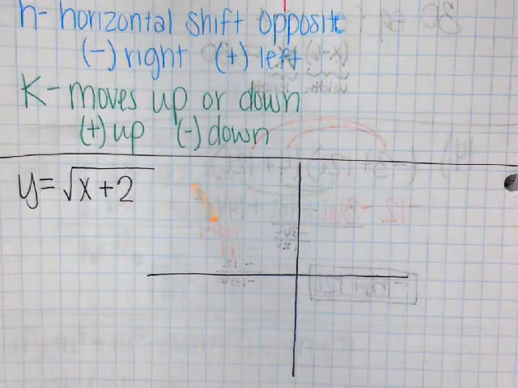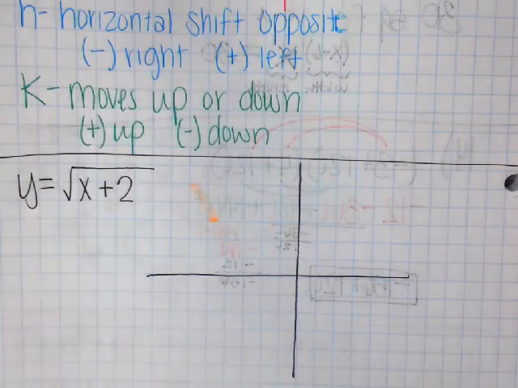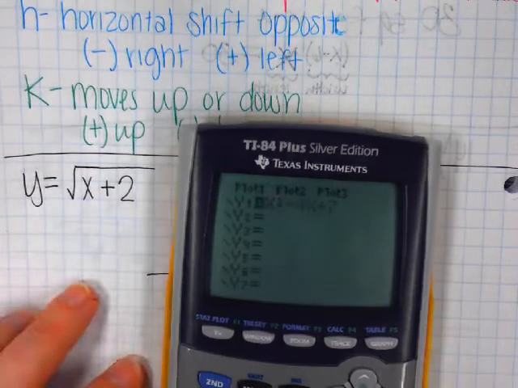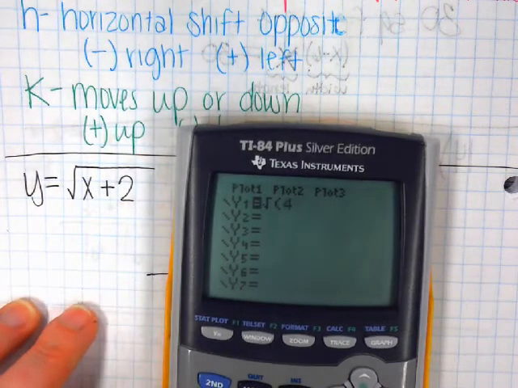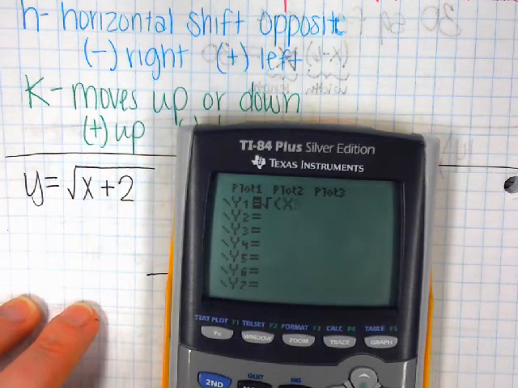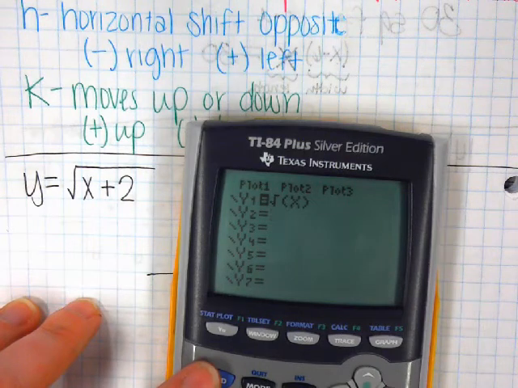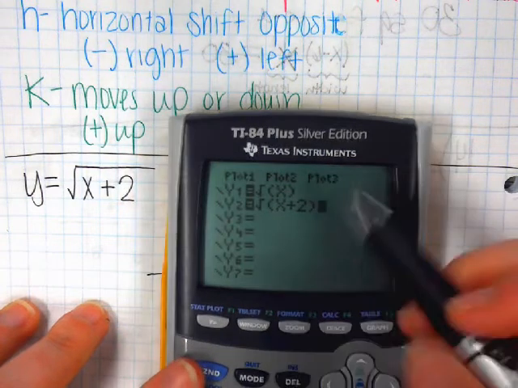Remember, you can always use a graphing calculator. So I'm going to grab this one that's close to me. So the square root of x, and then I'm going to go ahead and do the x plus 2.